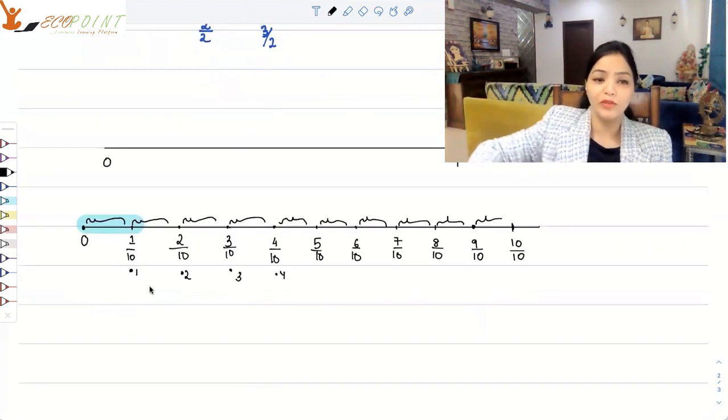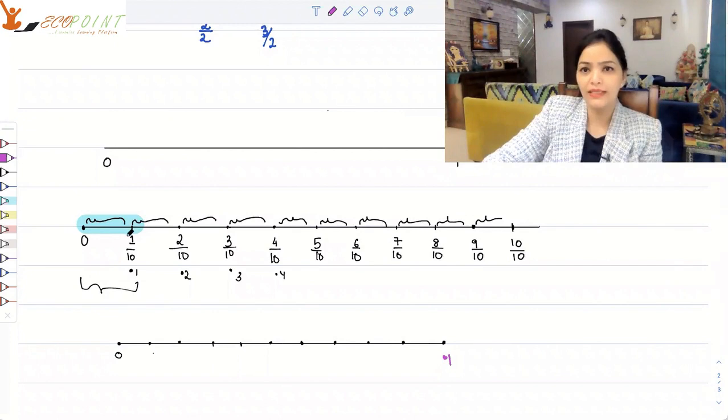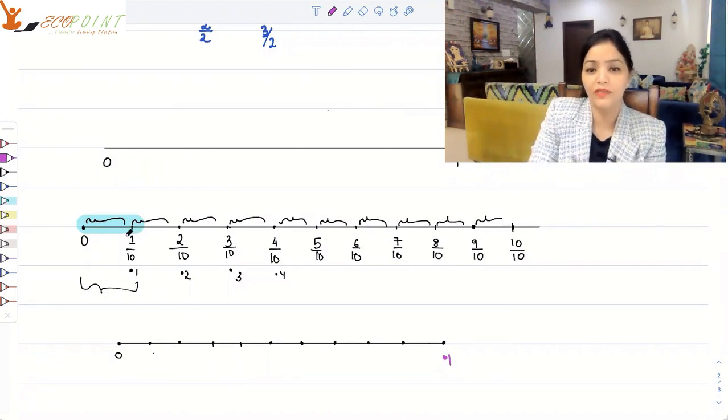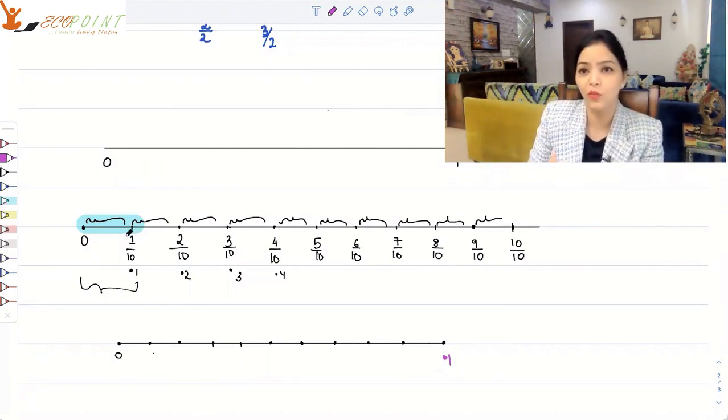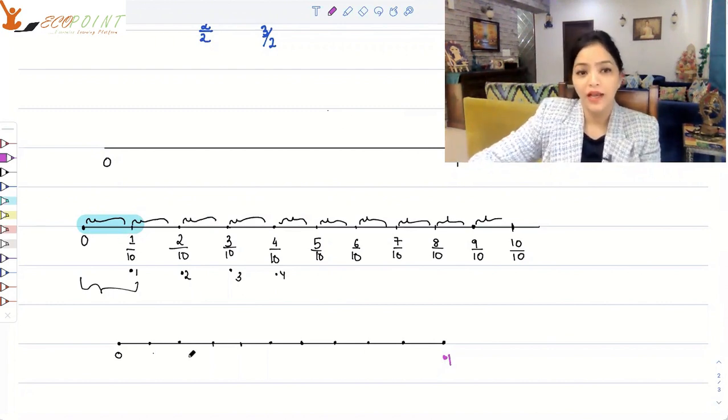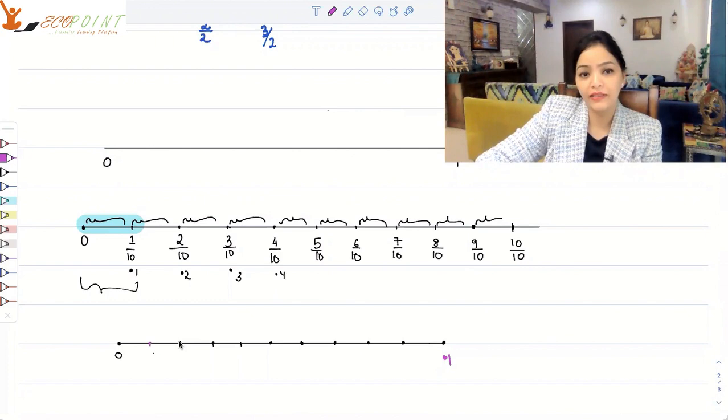Now I'm going to just pick this one. Suppose we take this highlighted part that is from 0 to 0.1, and I imagine that this 0.1 is basically 0 to 1. So now I'm again dividing the length from 0 to 0.1 in 10 parts.